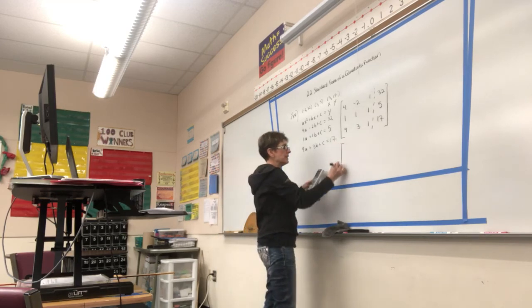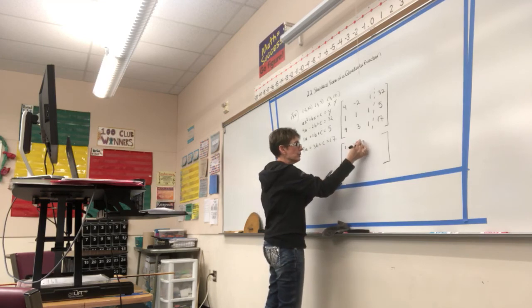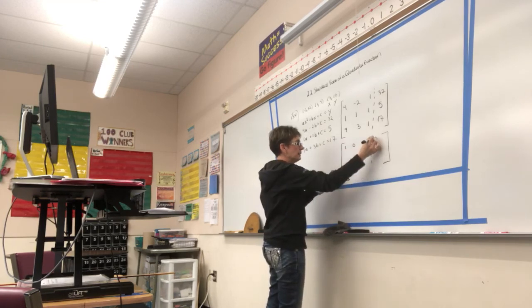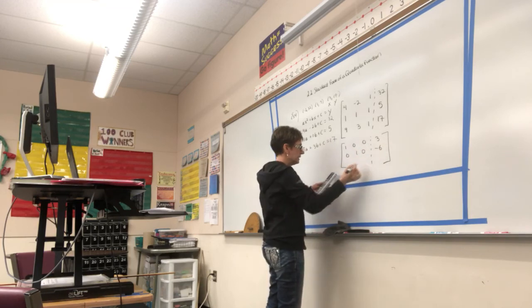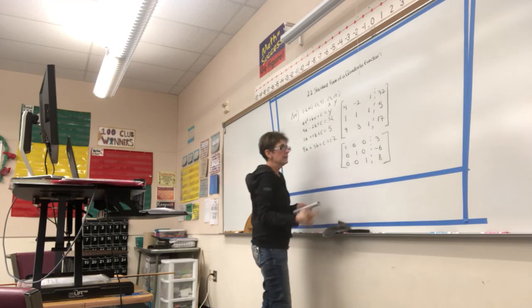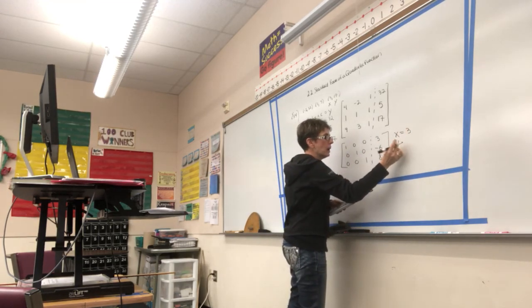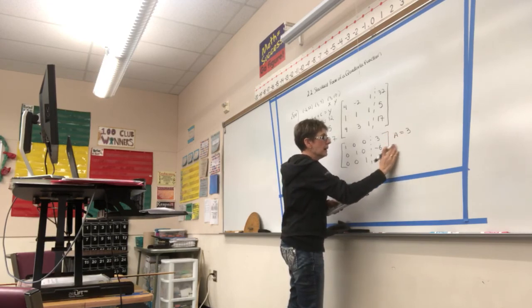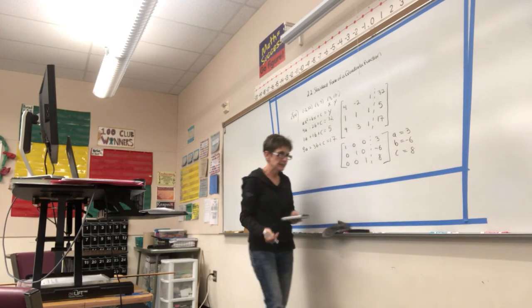The matrix I'm getting on my calculator is 1, 0, 0, and 3; 0, 1, 0, and -6; and 0, 0, 1, and 8. This is telling me that a equals 3, b is equal to -6, and c is equal to 8.